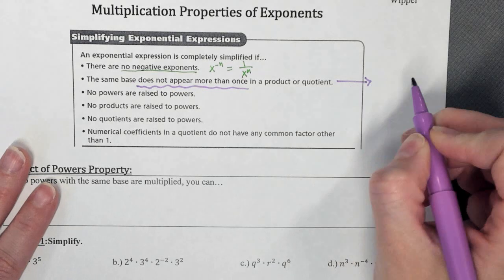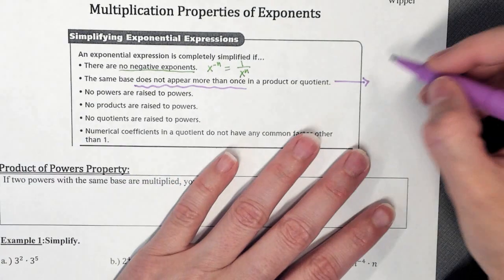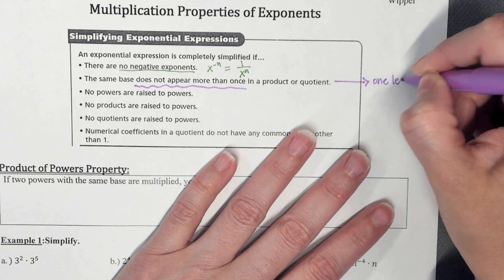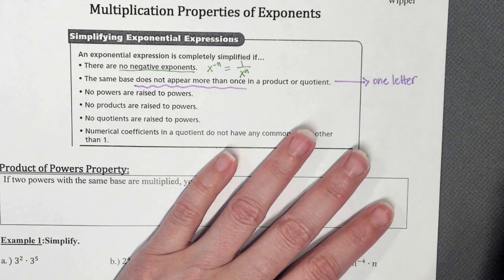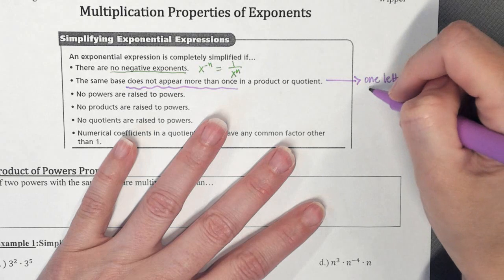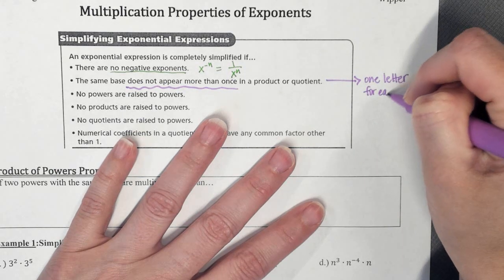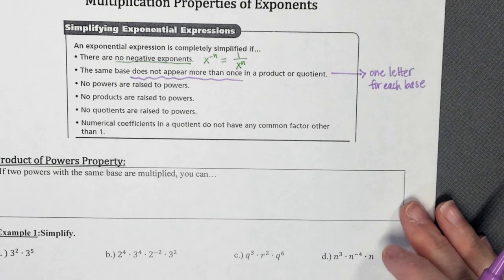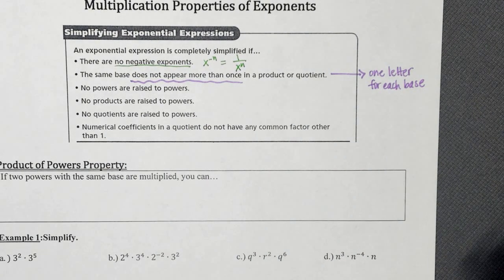What that means is you only have one letter for each base. So if you had two A's, you would have to combine them into one. If you had two X terms, I'm going to show you how to combine them into one.